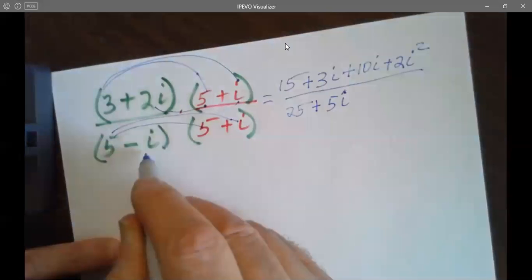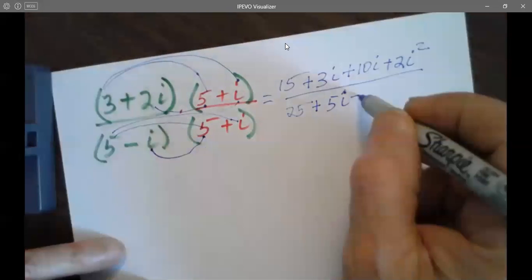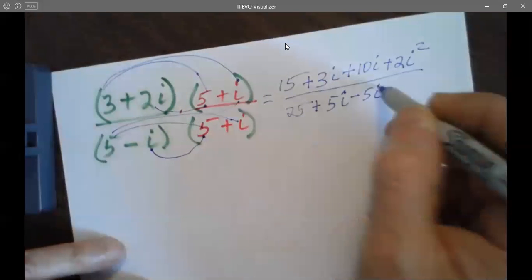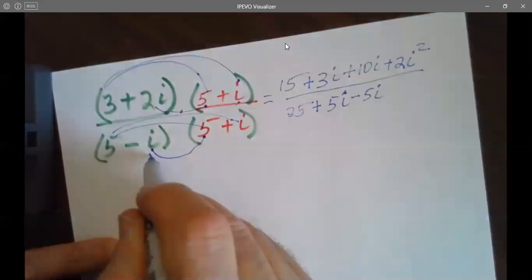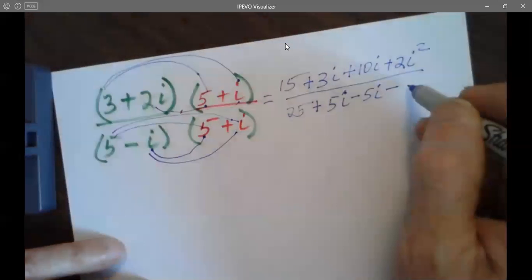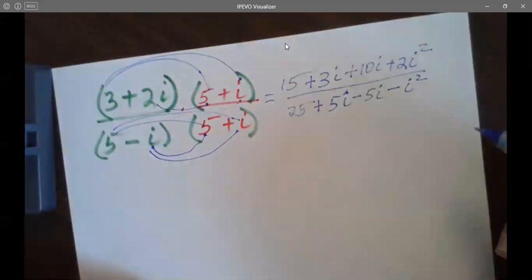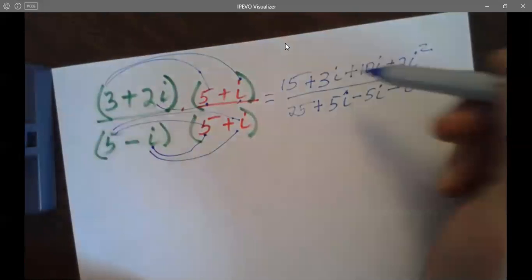And then we multiply the two inner terms. Negative i times 5 is a negative 5i. And then the two last terms. Negative i times i is a negative i squared. Okay, questions with that?